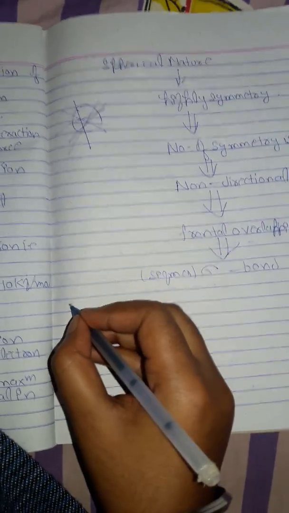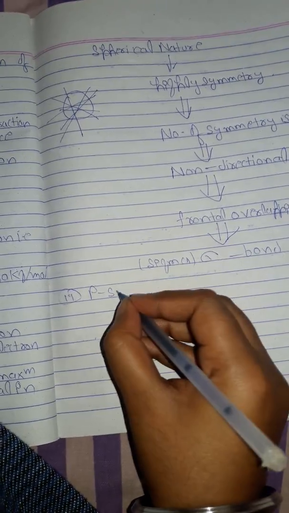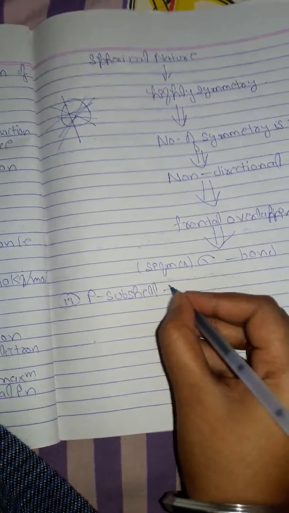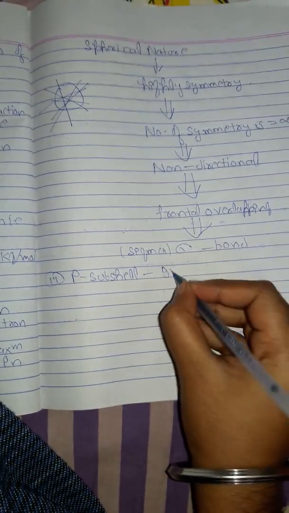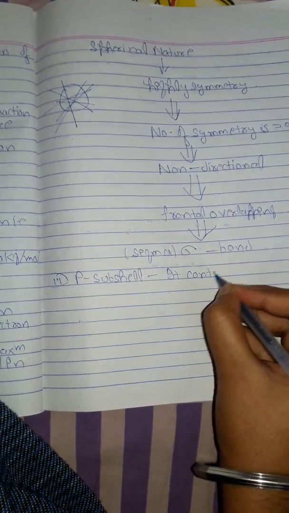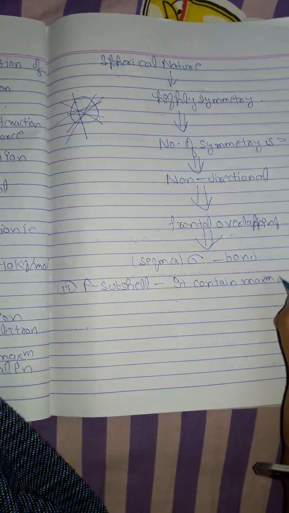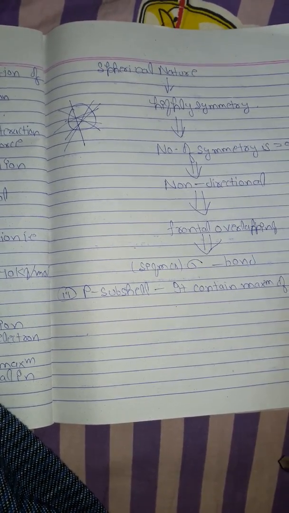Now the second one is the p subshell. It contains a maximum of 6 electrons.